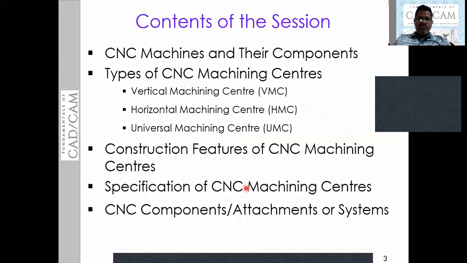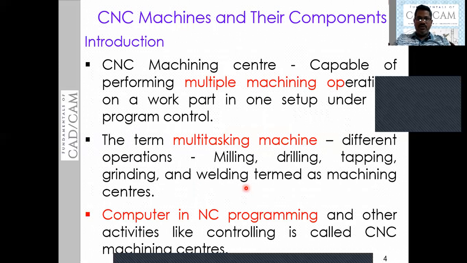Let me move further to discuss the introduction of the CNC machining centers and their components. Basically, a CNC machining center should be capable of performing multiple operations on the work part in one setup under programmable control.